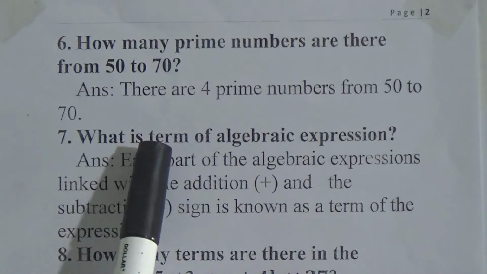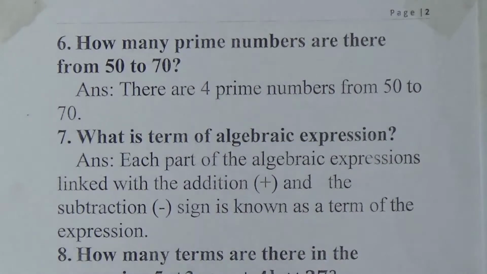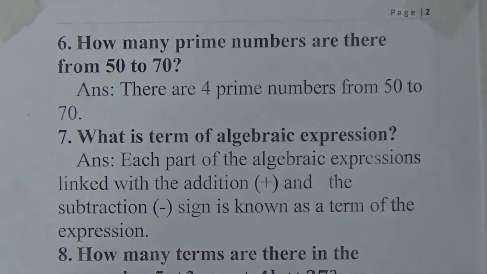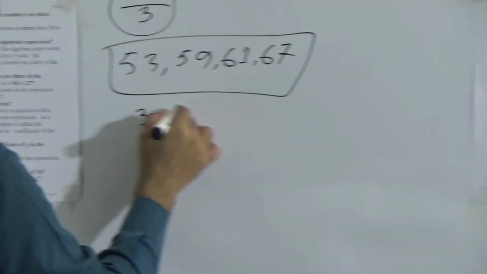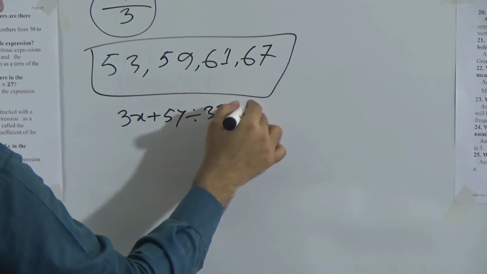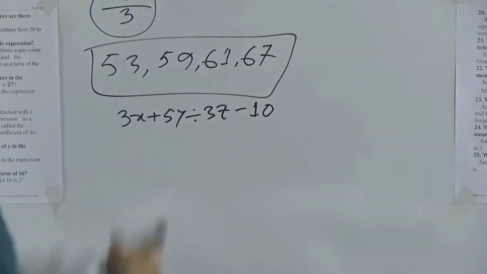What is the term of an algebraic expression? Dear students, you know the terms of an algebraic expression. I am writing an expression, suppose 3x plus 5y divided by 3z minus 10. Now see this.